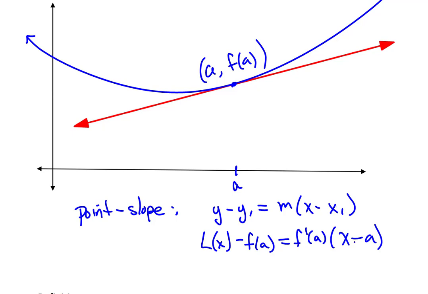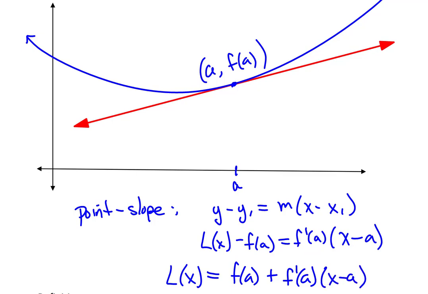If we were to take what we just wrote and simply solve it for the L of x variable that we used in place of the y, then really I would just be adding the f of a to both sides, which would mean that capital L of x equals a positive f of a, since I'm adding it to both sides, plus f prime of a times x minus a.